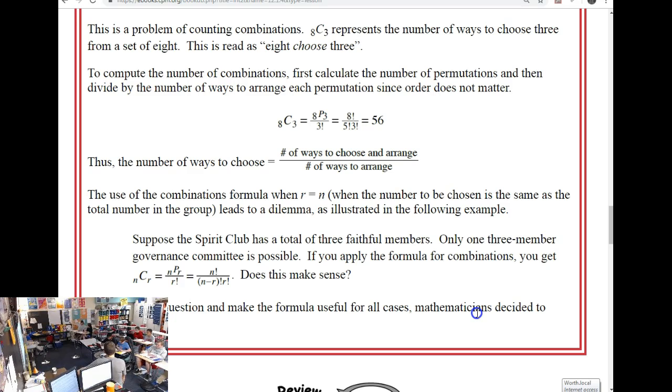Questions on how combinations relates to permutations. Now, really, what this is, your n factorial that Jacob made that connection to, that n factorial tells you how many ways there are to be arranged. If we're choosing 3 people, there are 3 times 2 times 1 ways to be arranged.